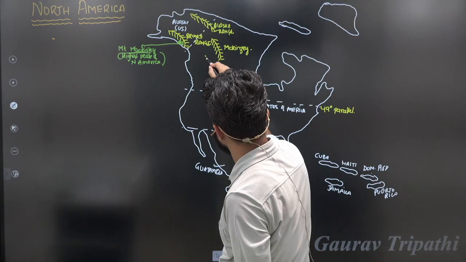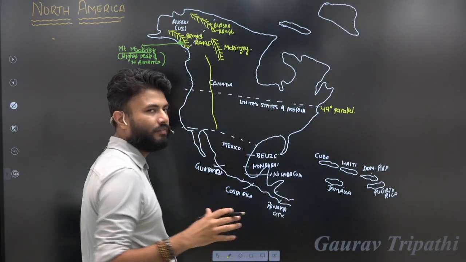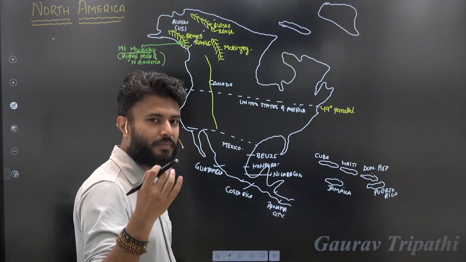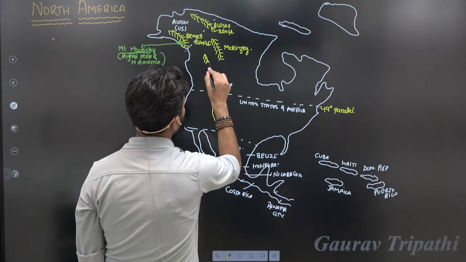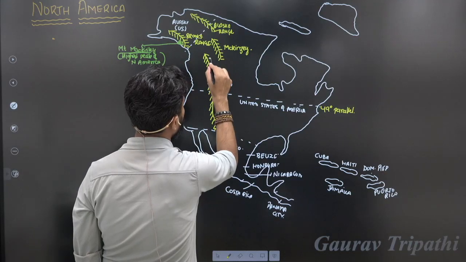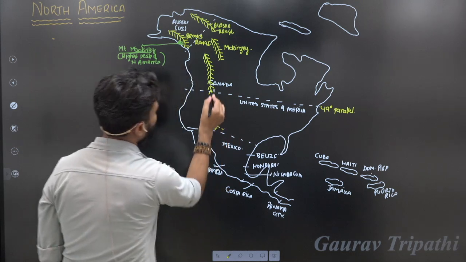So it starts like this and it goes up to like this. And this is one of the longest mountain ranges of the world as well. I guess you might have guessed the name also. These mountain ranges are named as Rocky Mountains.